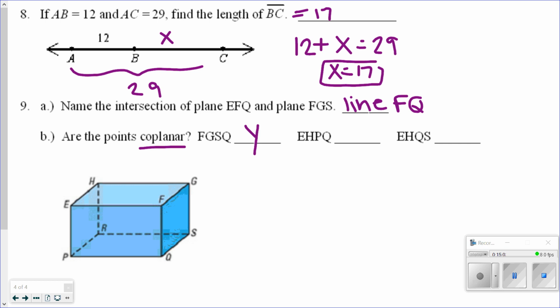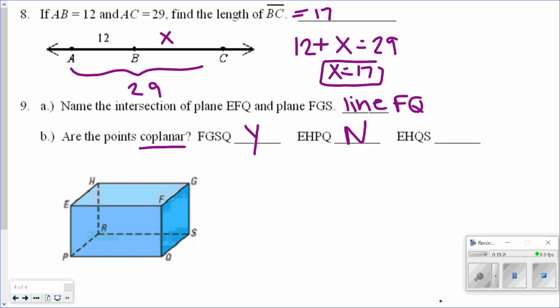So I have E, H, P, and Q. All right, so are those points on the same plane? The answer is no. And the easiest way to see this is H and Q definitely are not on the same plane. There's no way that they could be. So that is the reason that they are not in the same plane.